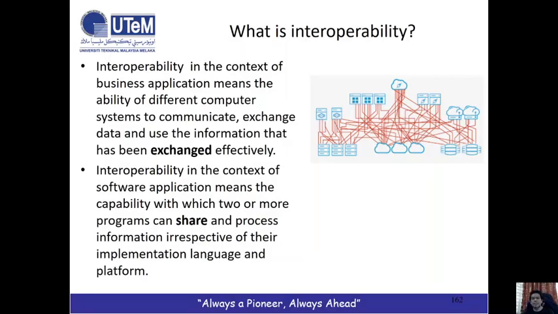So what is interoperability all about? Interoperability in the context of business applications means that different computer systems are able to communicate and exchange information regardless of the technology they use.